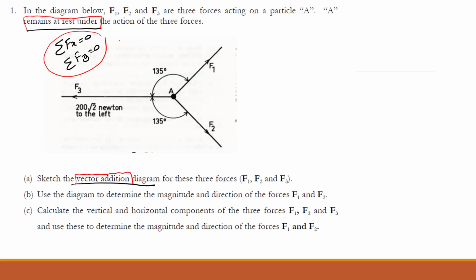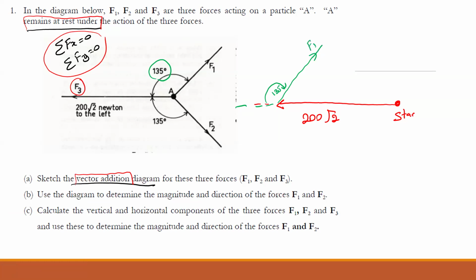So let's draw this. You can start at any force. I'm going to start with the given F3. This is my start, and we need to go this way. That is 200 root 2 newtons. Now you can either draw F1 or F2. If you draw F1, F1 is making 135 degrees like this. We don't know F1; we need to find F1.